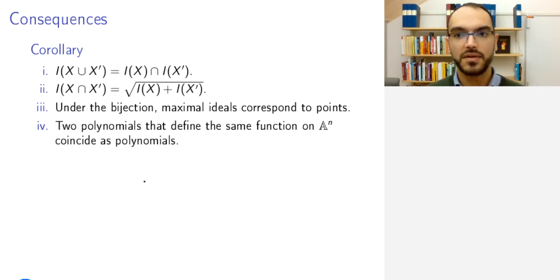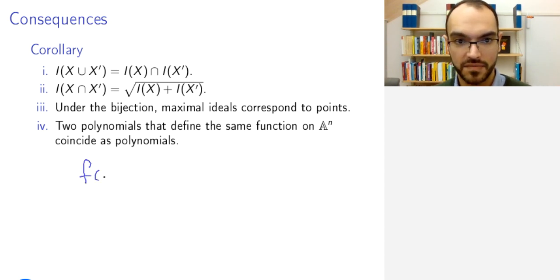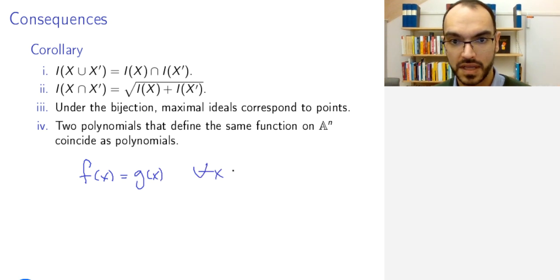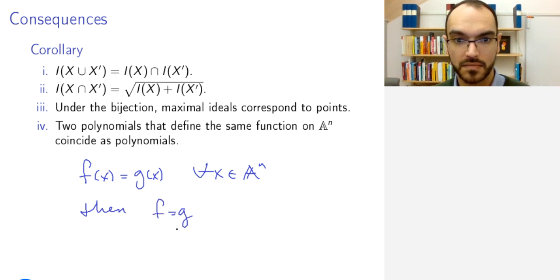Also, we can now make precise what we perhaps intuitively assumed, that two polynomials that define the same function on the whole affine space coincide as polynomials. So this means that if f of x is equal to g of x for all x in A^n, then f is equal to g.